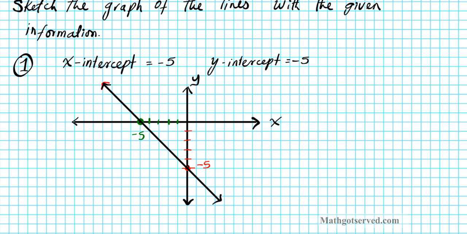So let's go ahead and label our graph. This is our y-intercept, and this point right here is our x-intercept. Okay, so do not forget the meaning of the word intercept. Okay, let's advance to number 2.